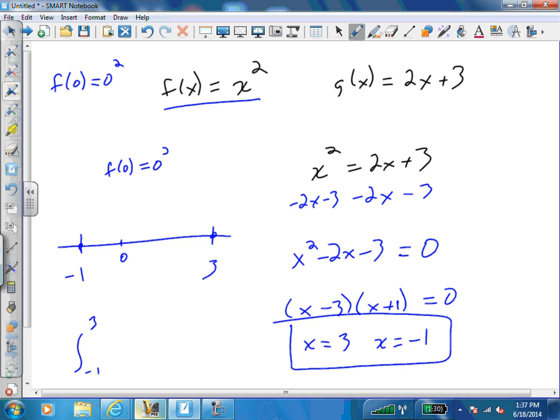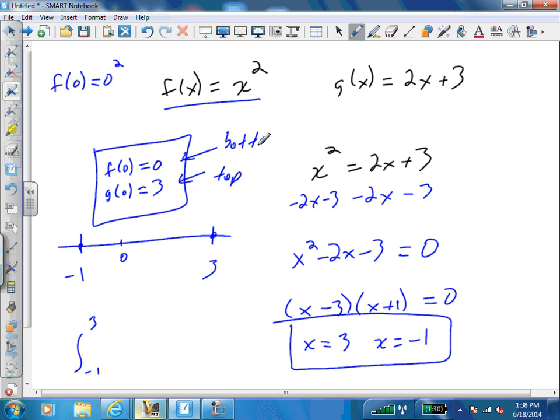For our other function, when x is 0, what is y? 3. So just looking at that part, which would you say is the top function, which is the bottom? Yeah. That y value is above that y value, so that one's the top one. That one's the bottom.